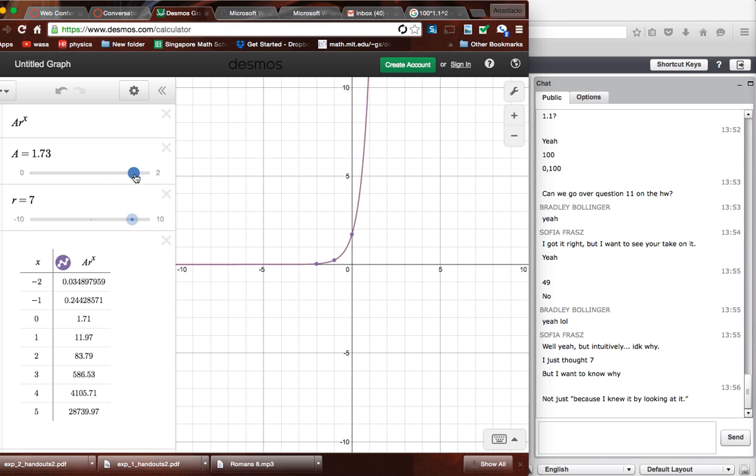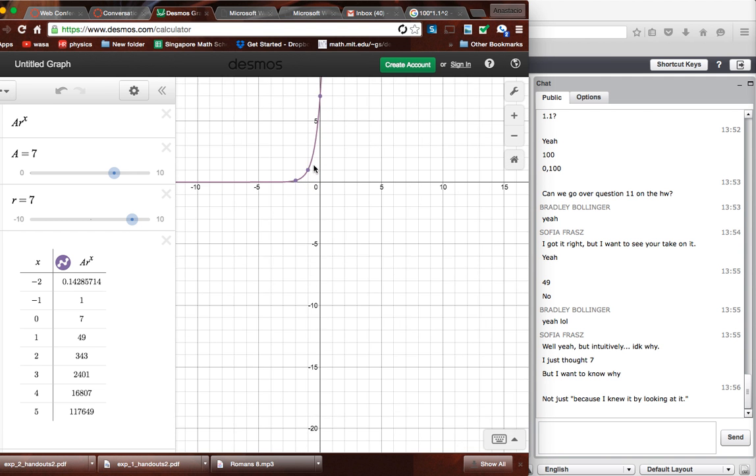That happens when A is, let's see, when A is 7. Because remember, what you do is you know what R is, right? And so now what you have to do is match that thing.